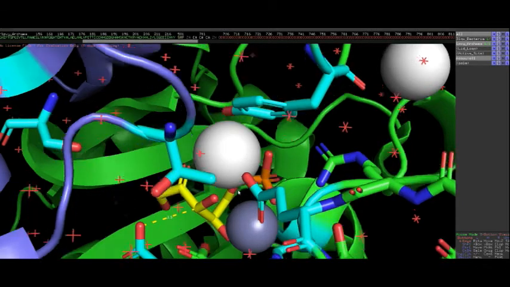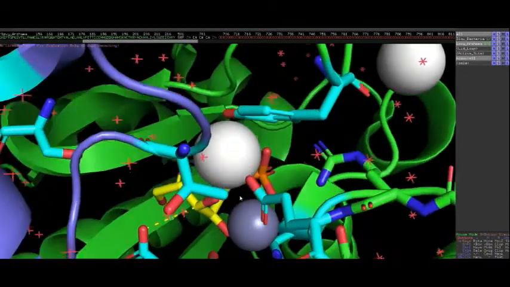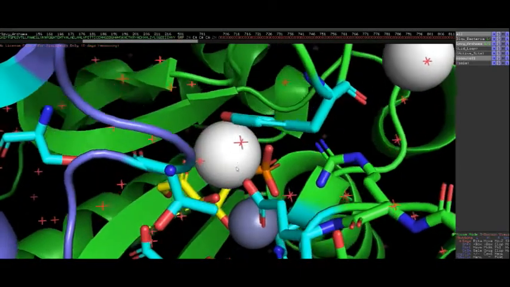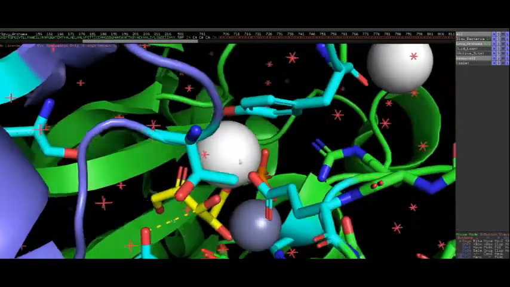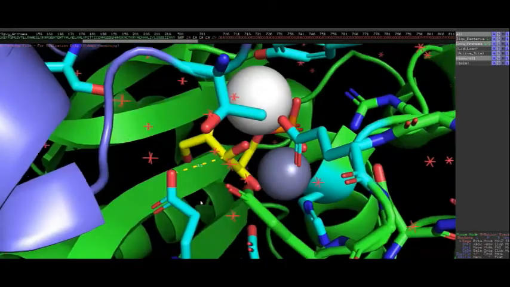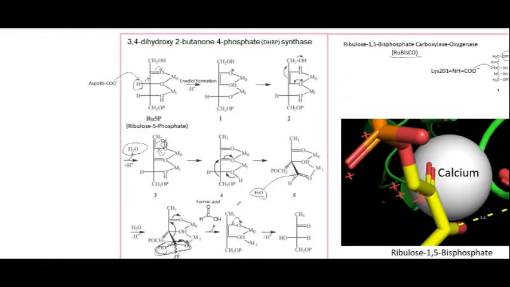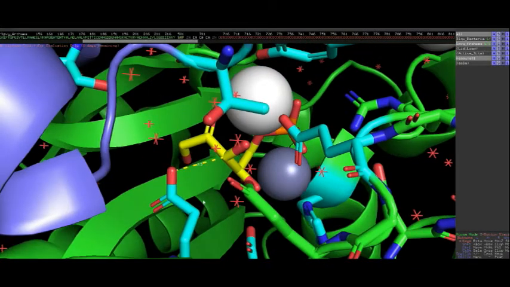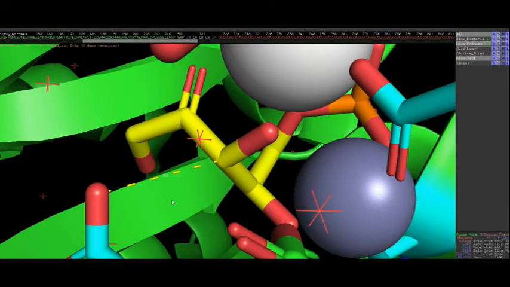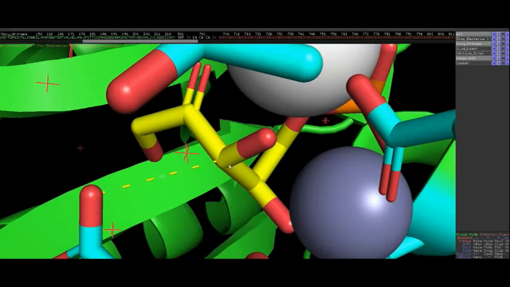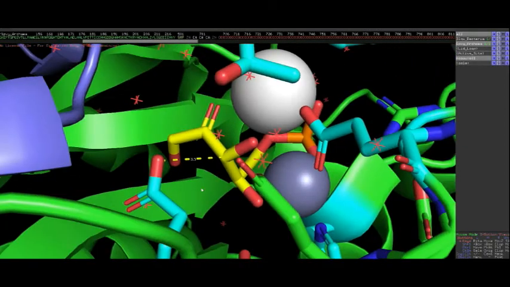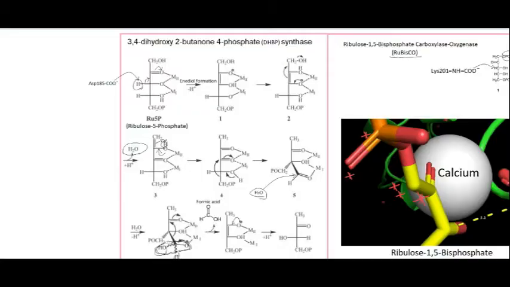So I guess it makes sense that it would be smaller than the calcium, because adding more protons tends to shrink ions down. And so we see down here, if we look back at our aspartate 185 here, is this aspartate right here. I have the measurement there, 3.5 angstroms from this third carbon. So we can see how that could be deprotonating that carbon.